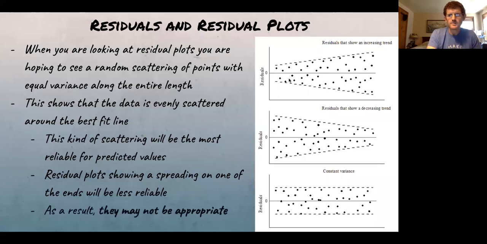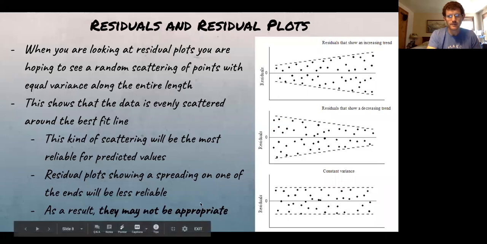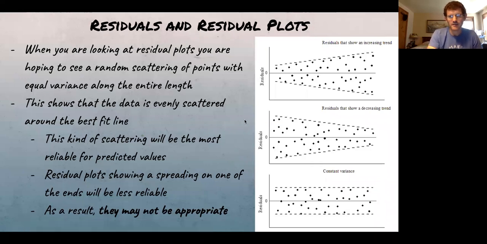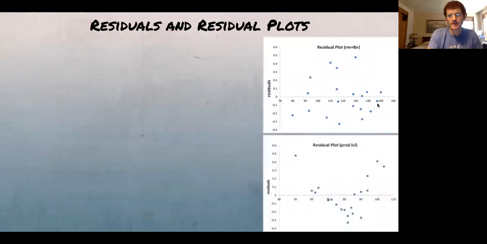So when you see a situation like this, a linear regression might not be appropriate. If there's a conceptual question, you might say something to the effect that a linear regression might not be appropriate because it doesn't show constant variance the entire length.